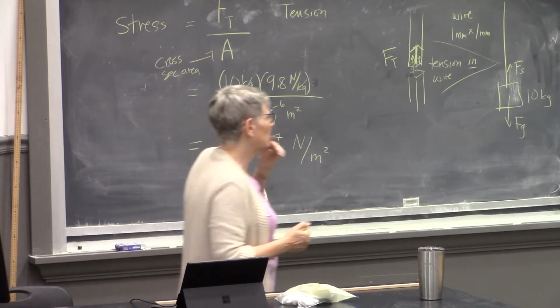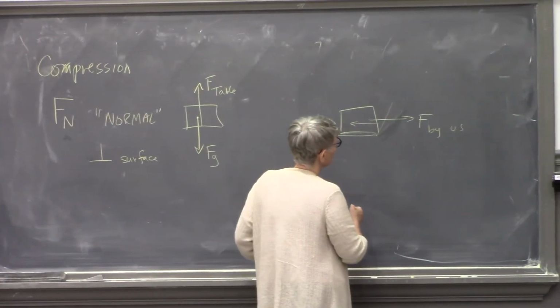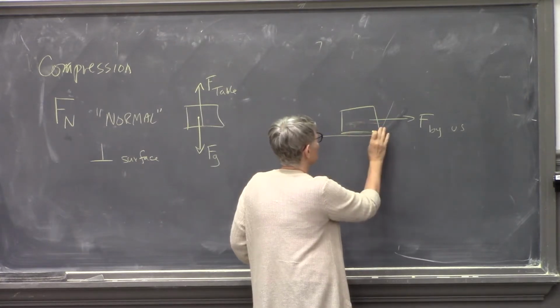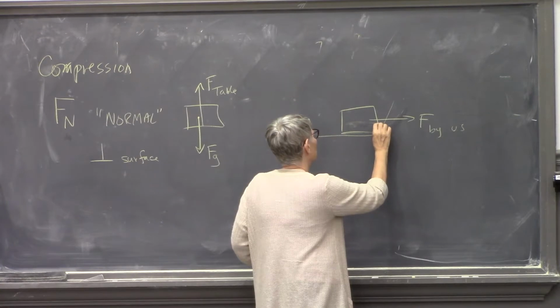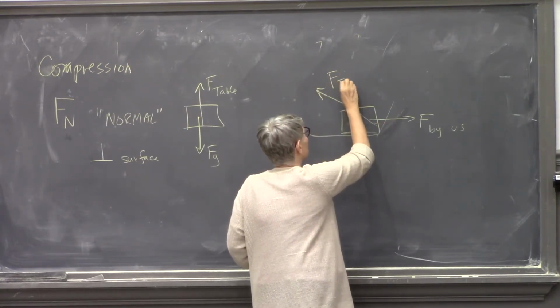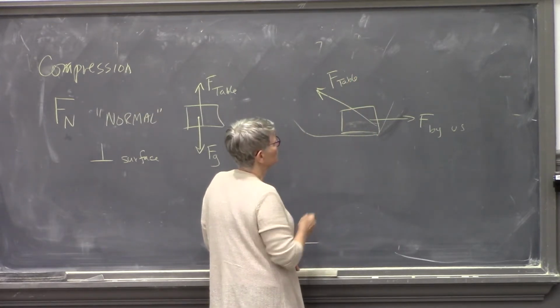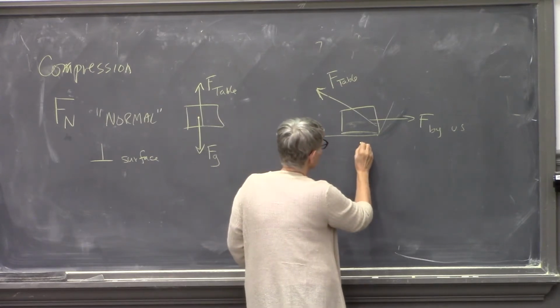Now, so really the table is exerting one force on this brick. It's got an upward component to support it and a backward component, but it's pretty common to analyze these situations by dividing this force by the table into two components.